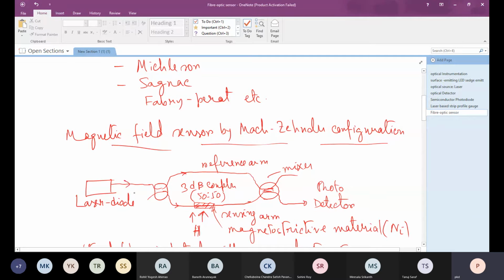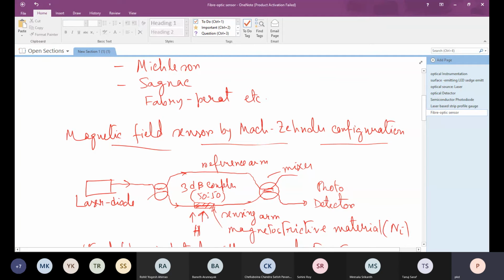So I have a laser here. This laser and photodetector can be kept on one side quite far, and then this launching fiber can have some 10 meter, 30 meter, or whatever be the length required. And then there is this device which is usually packaged in a non-magnetic vibration-free platform and enclosure, because optical fibers or any interferometer is sensitive to vibration that changes the path length.